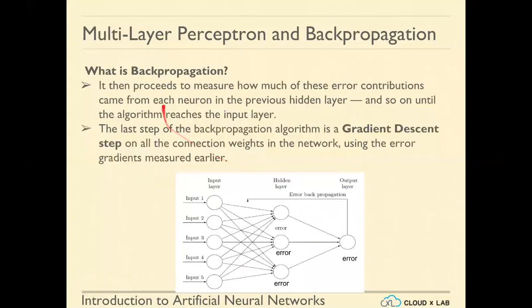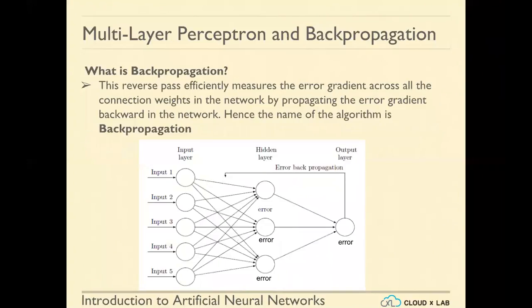I think this whole text will make sense now. Is it making sense to you, this text? The last step of the backpropagation algorithm is a gradient descent step on all the connection weights in the network, using the error gradient measured earlier.